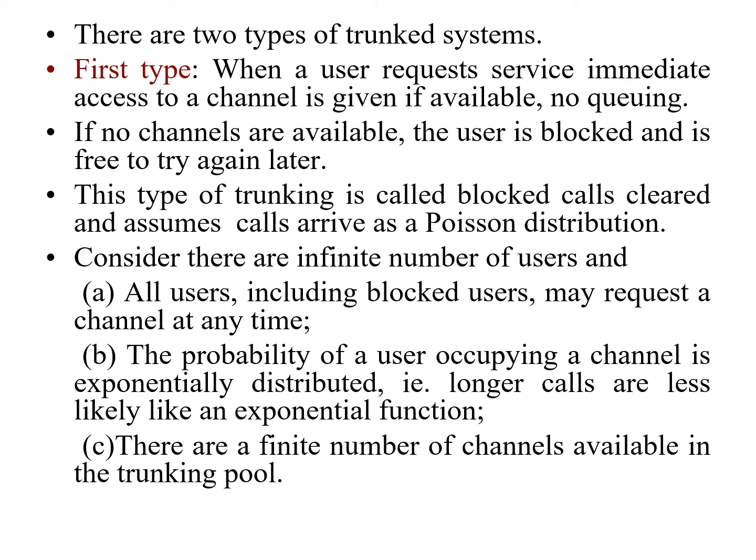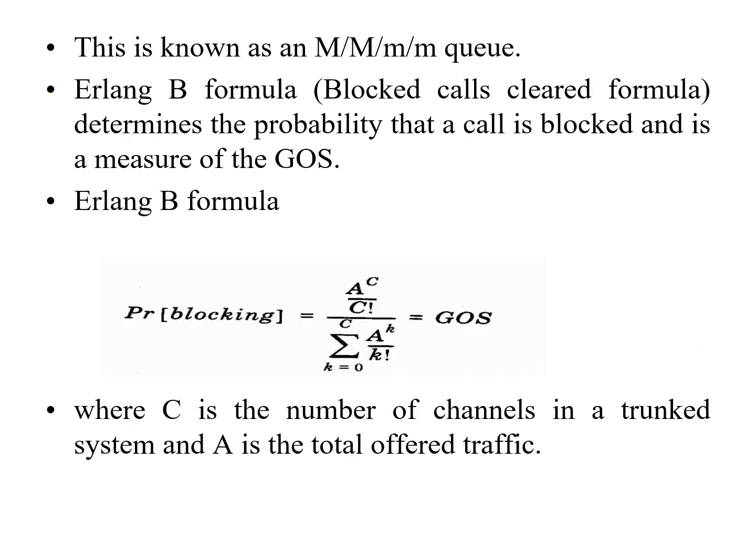Consider there are an infinite number of users and all users, including blocked users, may request a channel at any time. The probability of a user occupying a channel is exponentially distributed, that is, longer calls are less likely, like an exponential function. There are a finite number of channels available in the trunking pool. This is known as an M/M/m queue.